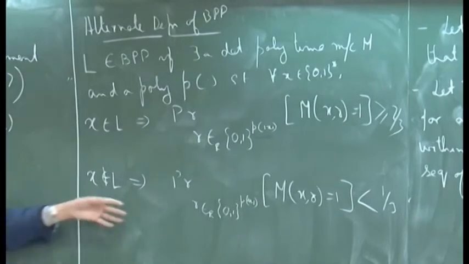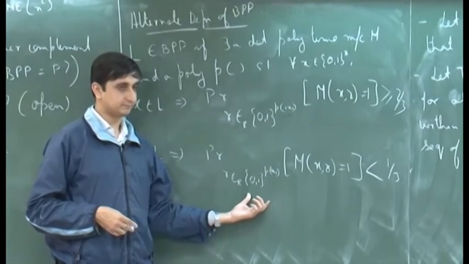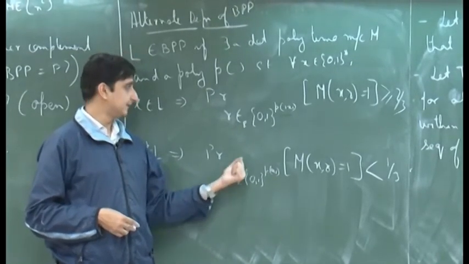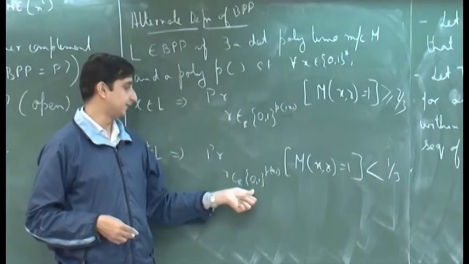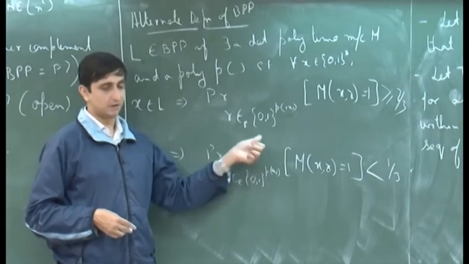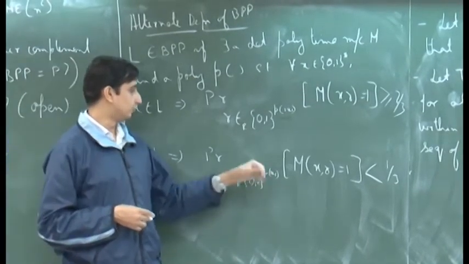Here the probability is coming over the choice of your random string. And as I said, if a machine runs for t steps, then you can have 2 to the power t random strings. In this case it is 2 to the power p of x.